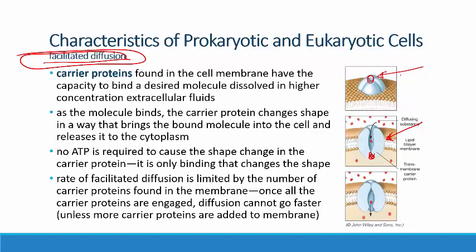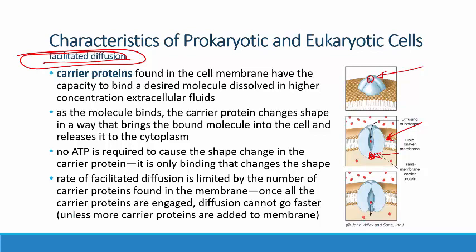And so when the protein changes shape, here we have the material that is in high concentration outside the cell, and it enters into the binding site. When it enters there, it changes the shape of the protein. Now this area that was closed opens up just because the molecule bound at the binding site.